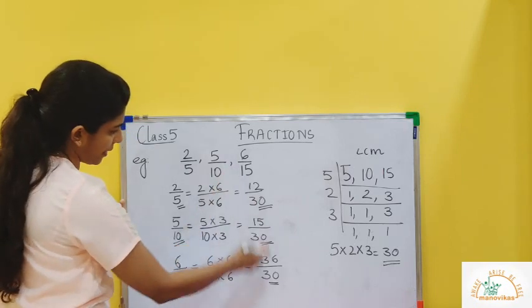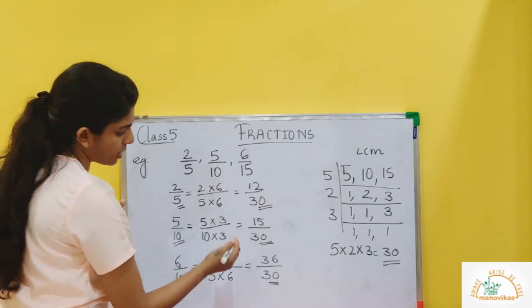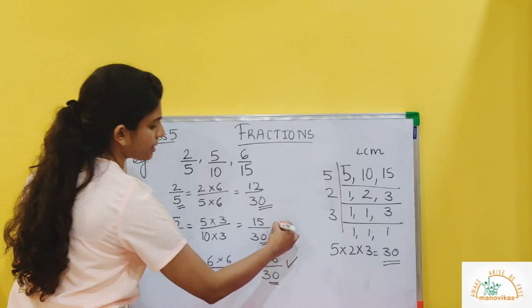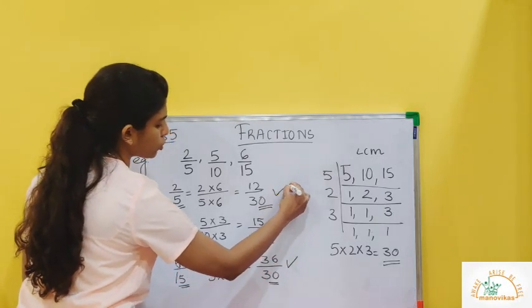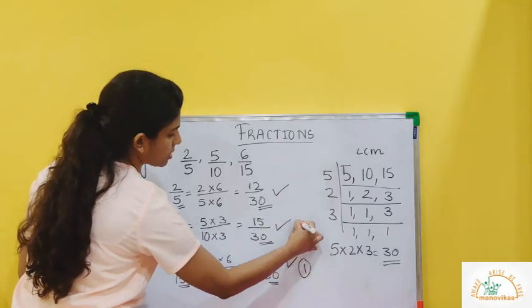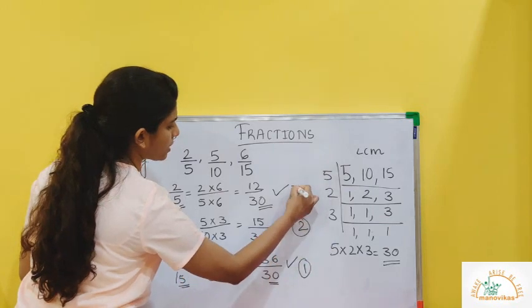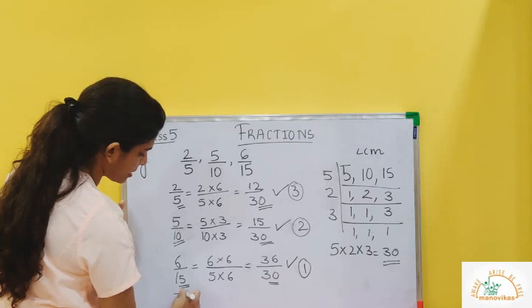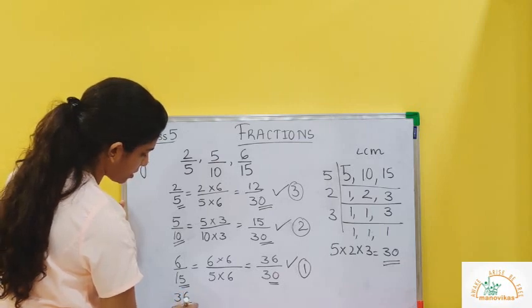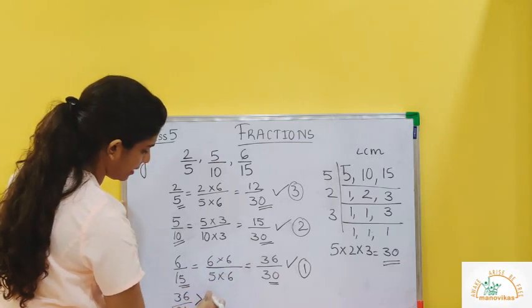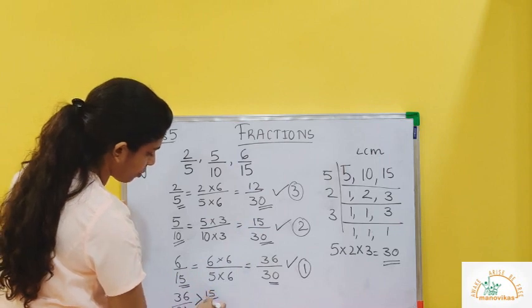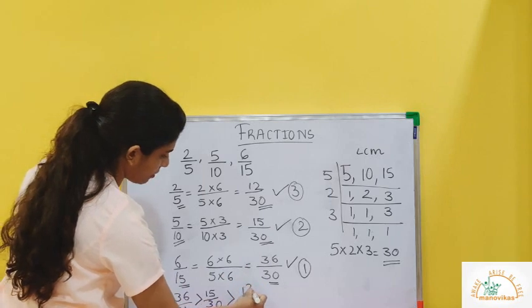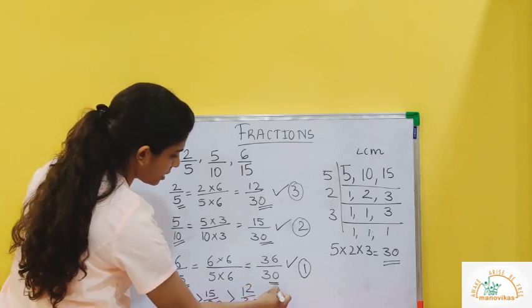Now you compare which one is greater. So if you see here, which one is greater? 36 upon 30 is greater than 15 and then 12. So this will come first, this will come second, and this will come third. So how will you write? You have to write 36 upon 30 is greater than 15 upon 30 greater than 12 upon 30.